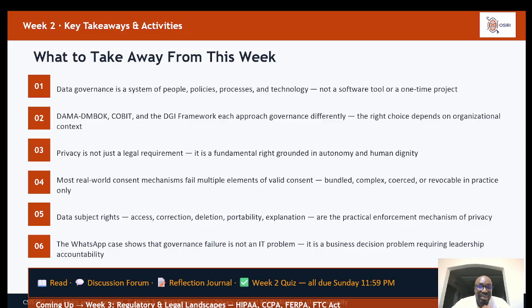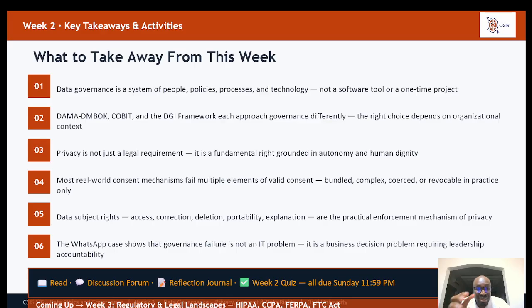Now, privacy is not just a legal requirement, it is a fundamental right grounded in autonomy and human dignity, so it must be respected. Another take home: most real world consent mechanisms fail multiple elements of valid consent. Data subject rights, what are the rights?